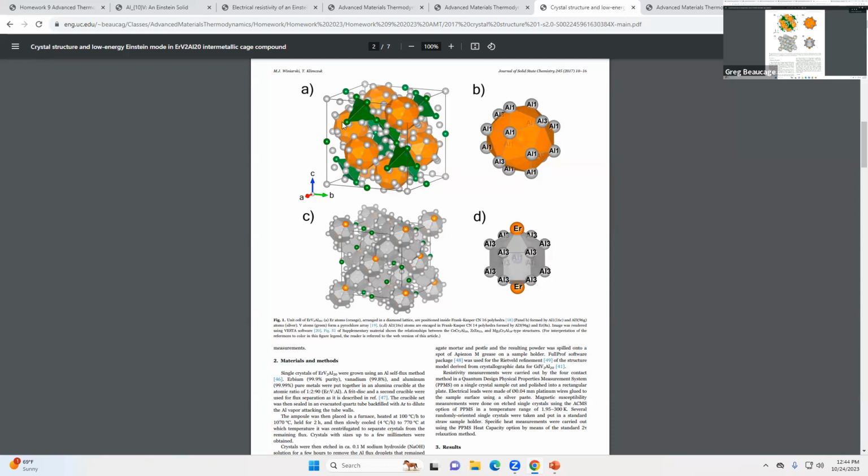So you're not going to have, for instance, as in the Debye, this one vibrates and then this one vibrates, and there's a coupling between the two. So say this one moves left, moves right, then there's going to be a time delay before this one moves right, like a phase difference, right?